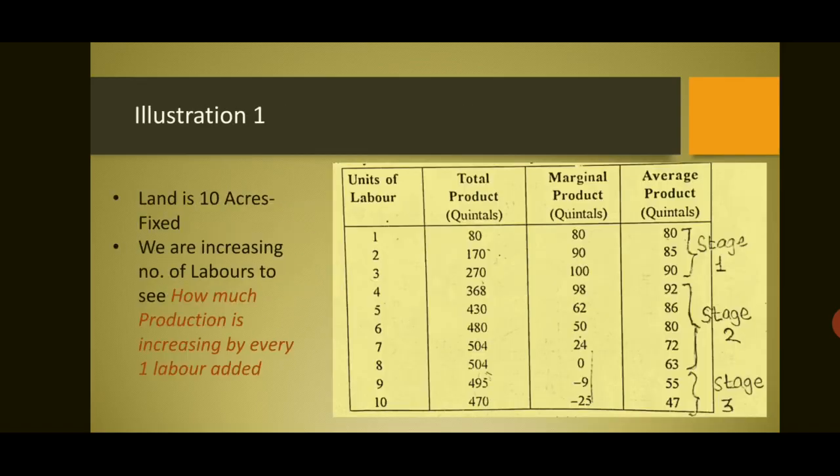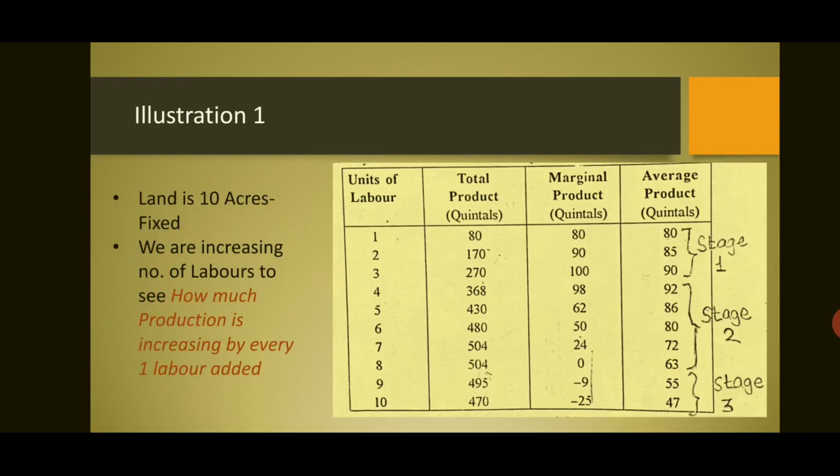So we are going to continue this example. So here is the chart. We have used two factors, that is land and labor, where land is fixed and labor is variable. So we are increasing the number of labors to see how much production is increasing by every one labor added.